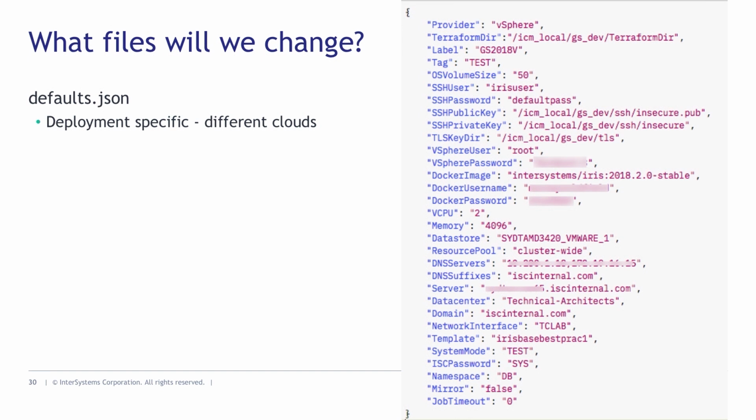There's a lot of common things in there, but they're basically pairs of domain intersystems.com, or which network interface, or how many vCPUs you're going to have as a default. Up the top there, you can see that I'm using a provider called vSphere, and I've got default passwords and so on.